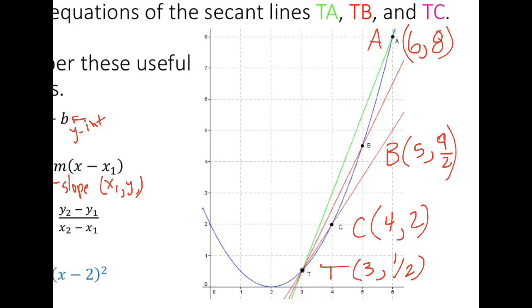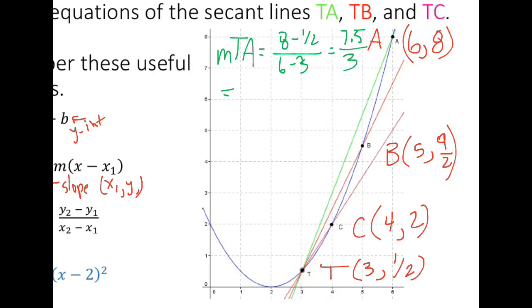Let's find the slope of line TA. So let's choose point A as our second point and point T as our first point, and let's do (8 - 1/2) over (6 - 3), and so we're going to get 7.5 over 3, which would be a terrible way to write your answer.